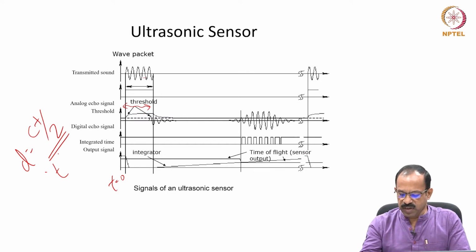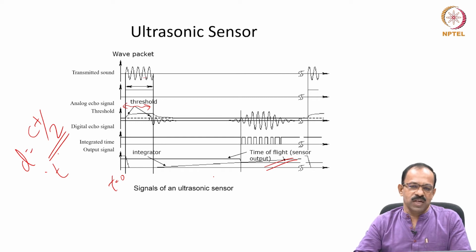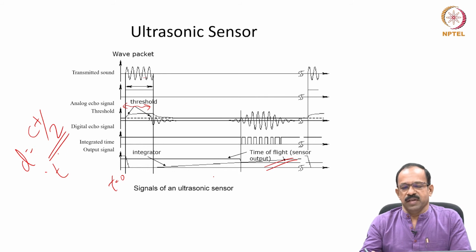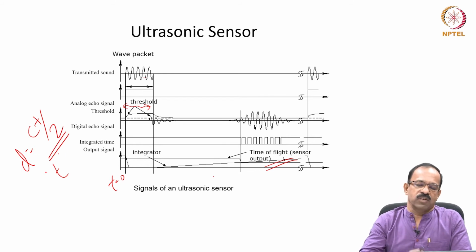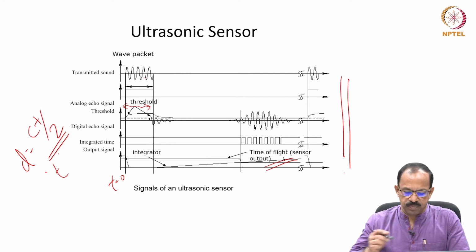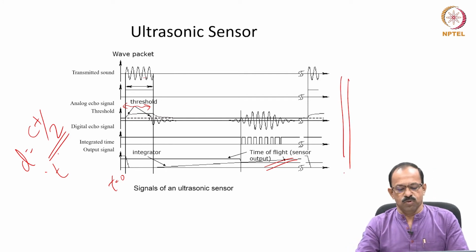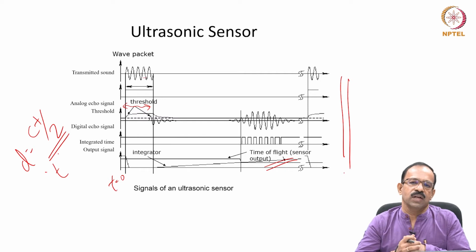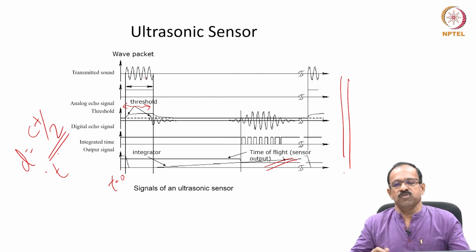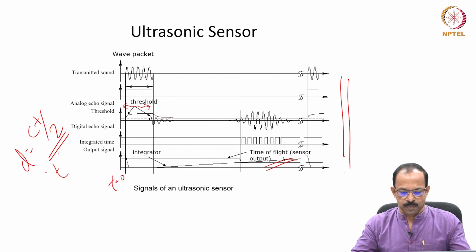The time of flight sensor output will be there, and the moment the receiver gets the reflected signal, the time signal will be stopped, and that will be considered as the time of flight. That is the way this will be set in the sensor. You will have the transmitter and receiver close by, and a time signal will also be started along with the transmission. So, this principle is used for measurement.